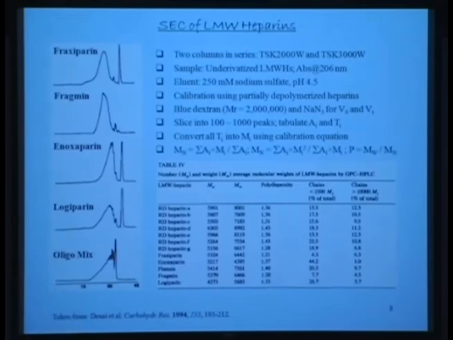Yeah. So Umesh, when you're buying oligos commercially, do they do this kind of an analysis when you go longer than a dodecasaccharide? Well, I can tell you, one of my students was doing capillary electrophoresis of low molecular weight heparins in the presence of different amine containing molecules.